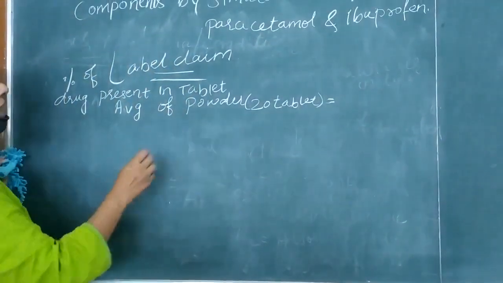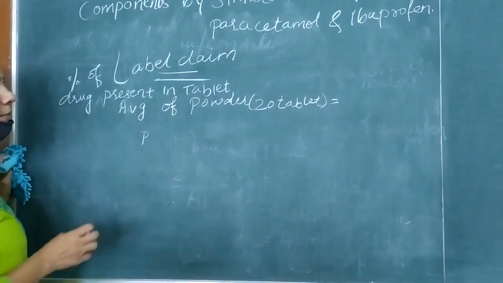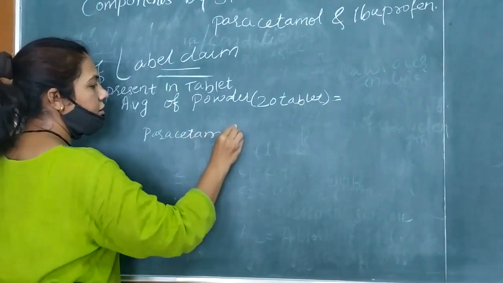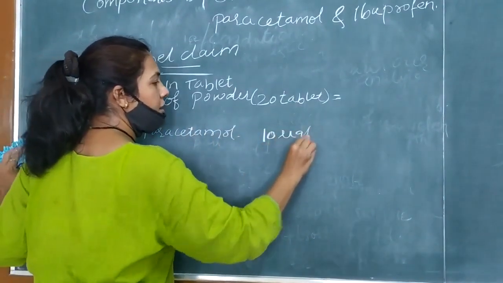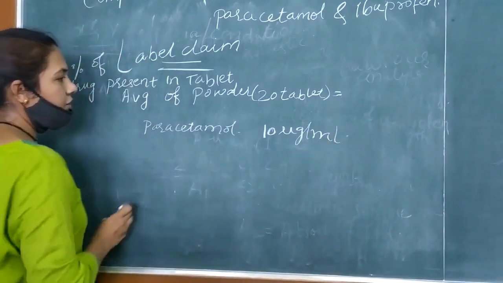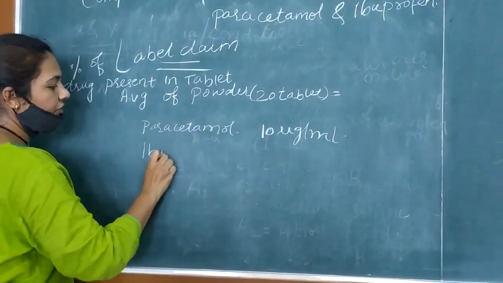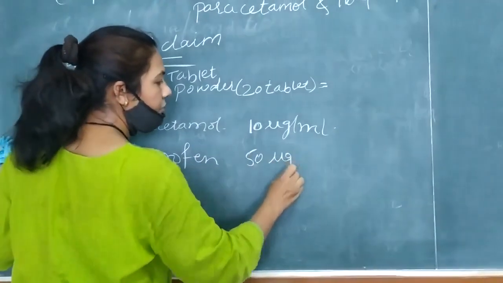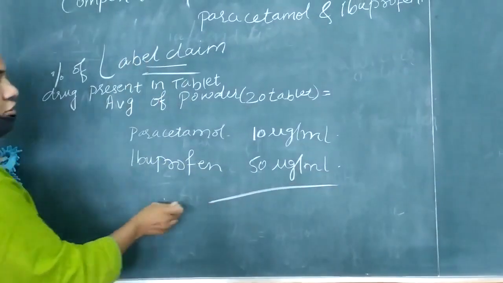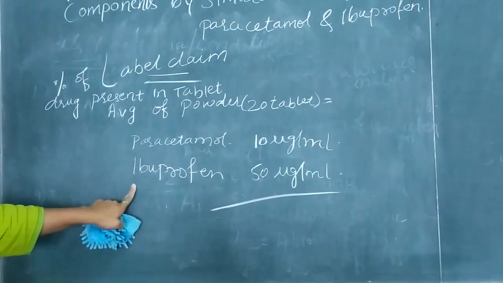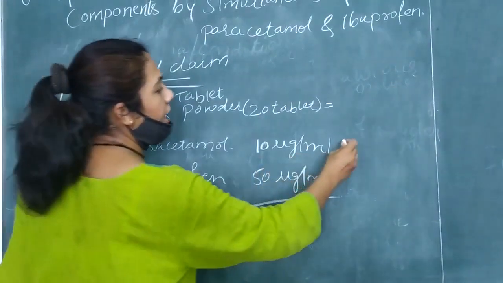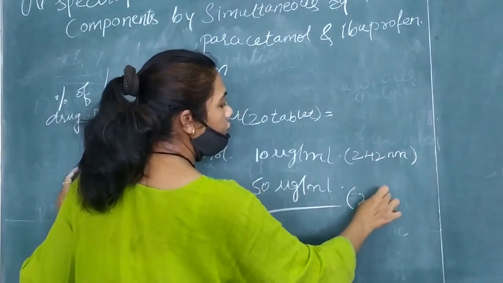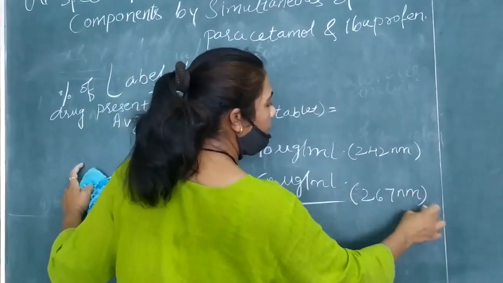In this process I have taken the paracetamol solution at a concentration in micrograms per ml, and for ibuprofen 50 microgram per ml. These are the solutions we have to prepare for ibuprofen and paracetamol. We take the absorbance at 242 nanometers for paracetamol and 267 nanometers for ibuprofen.